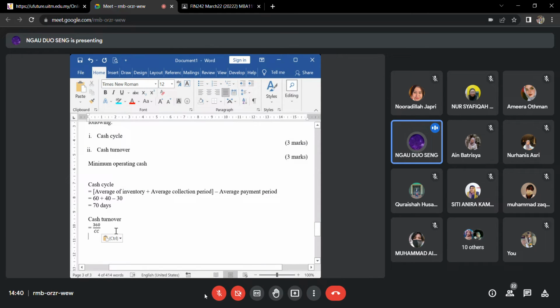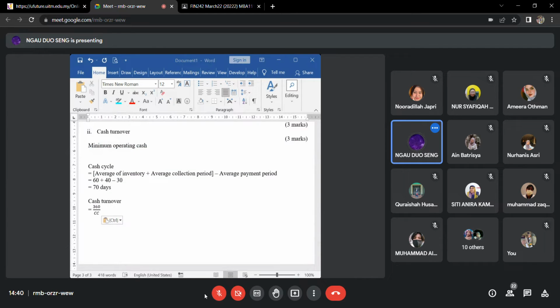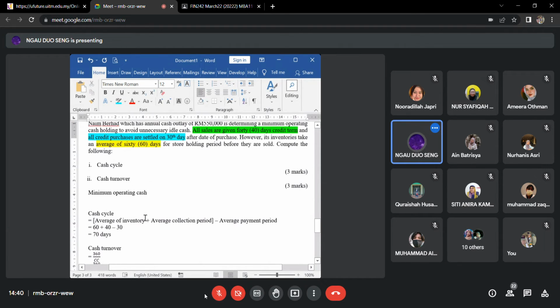Right, so equal to 360 divided by CC, which is 70. 5.14. Okay, 5.14, right?